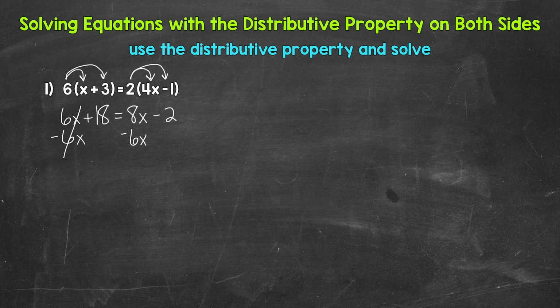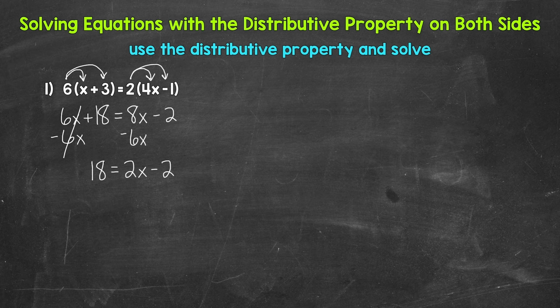So now we have 18 on the left side equals, and then on the right side, we have 8x minus 6x. We can subtract those like terms there. That gives us 2x. And then we can bring down the rest of that side of the equation, so minus 2. Now we have 2x minus 2 on the right side equals 18 on the left side.